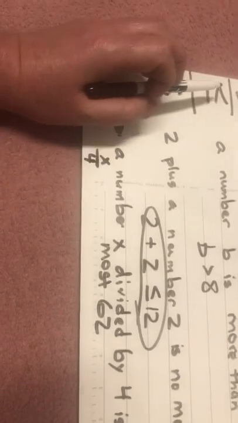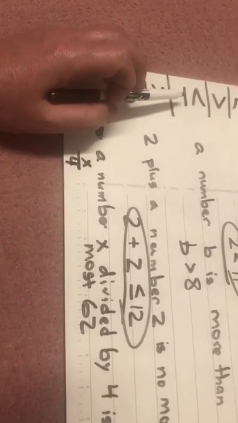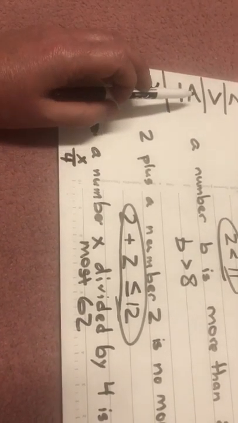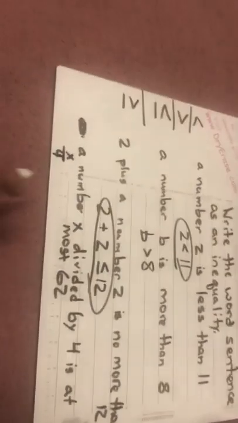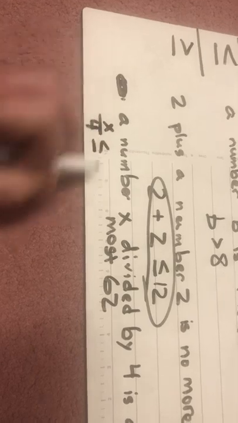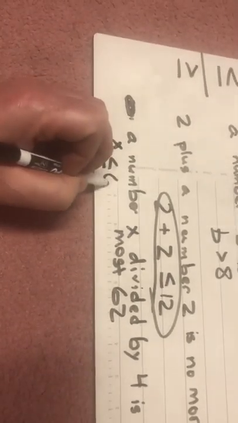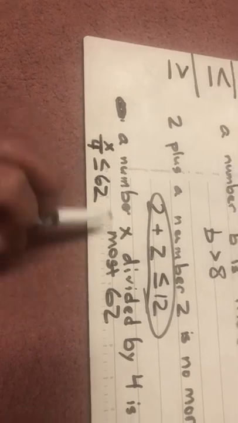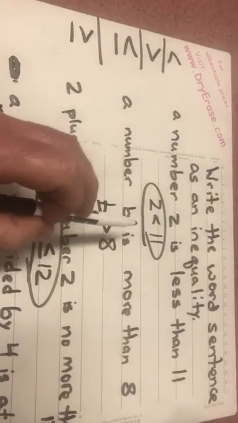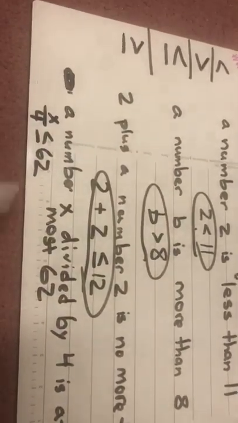So once again, I'm going to use the less than or equal to inequality, because it can be 62, but it's at most 62, which means that's the biggest it can possibly be. So when it says write the inequalities, on this section, you're going to be writing something like all of those.